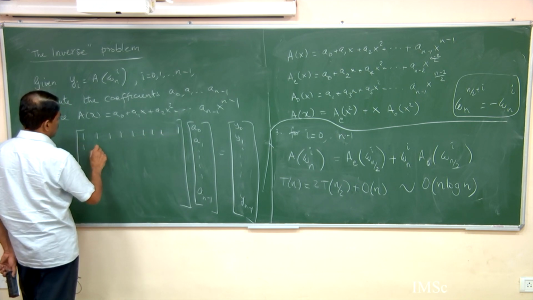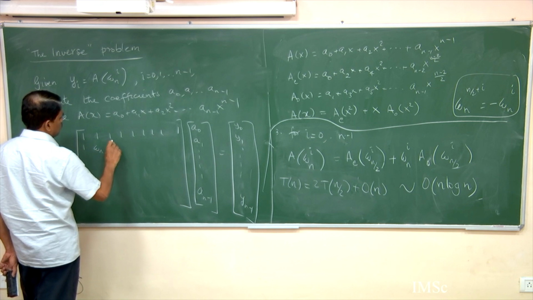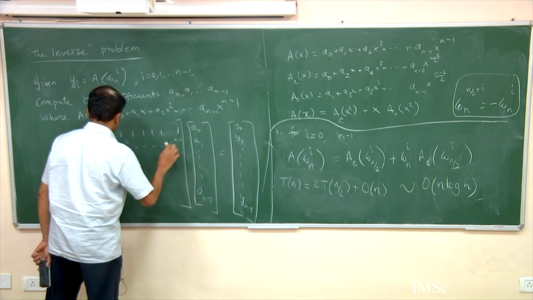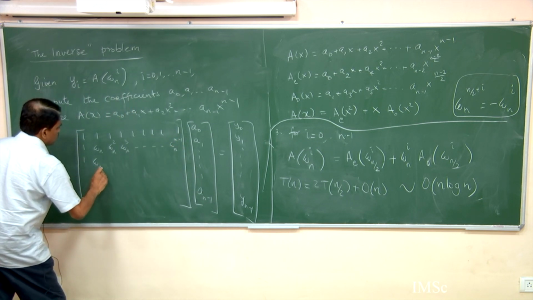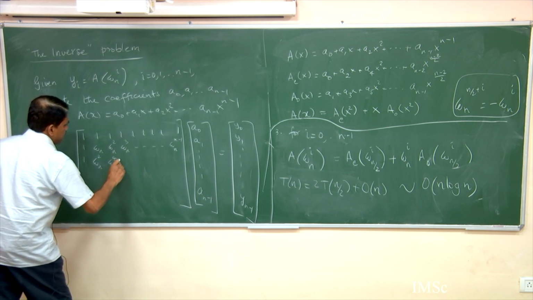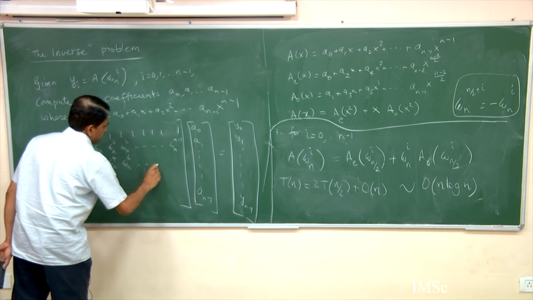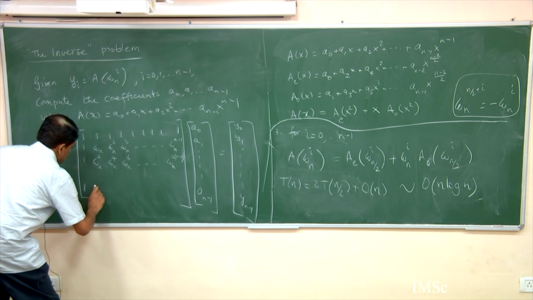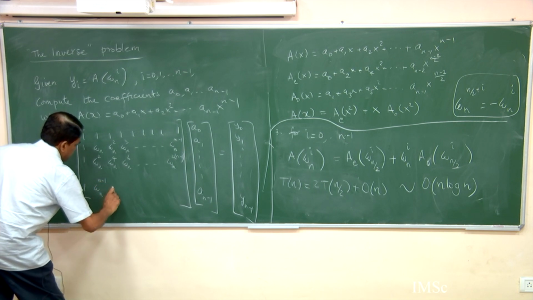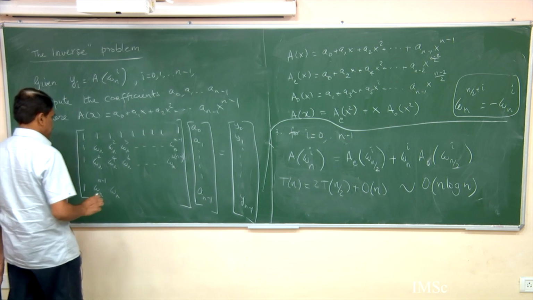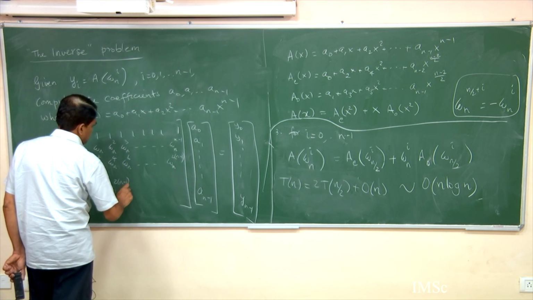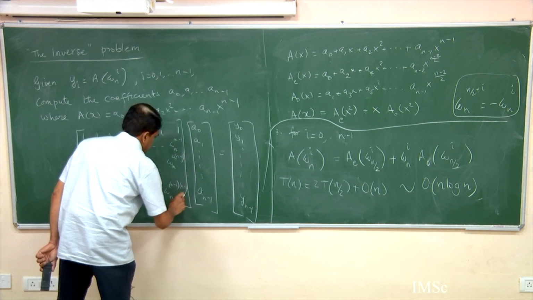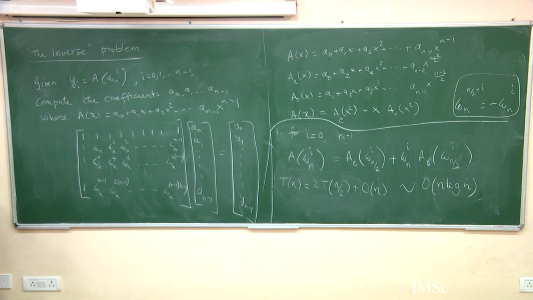Then I'm evaluating at ω_n, ω_n squared, and so on. And so that's this matrix.